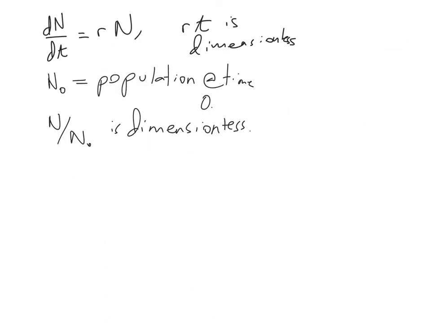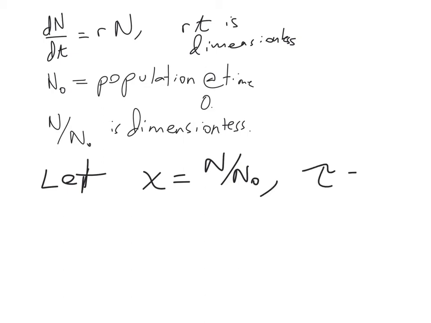Now, actually, I'm going to non-dimensionalize the equation. So I'm going to let x equal N over N naught, and I'm going to let tau equal RT. And so to non-dimensionalize this equation, I'm going to substitute.